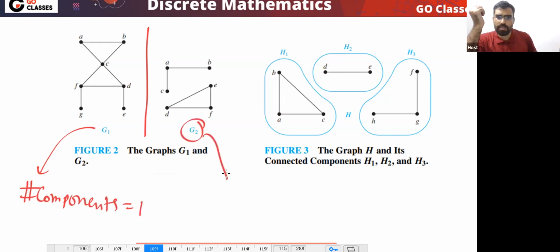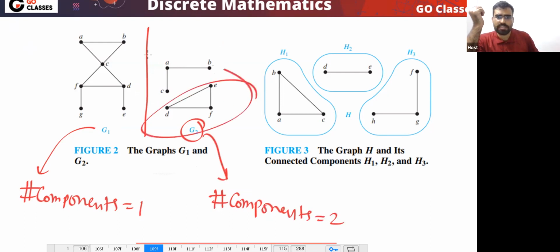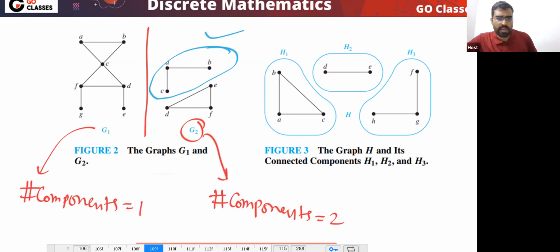In G2, how many components do you have? The number of components is 2. This is a component, and this is a component.